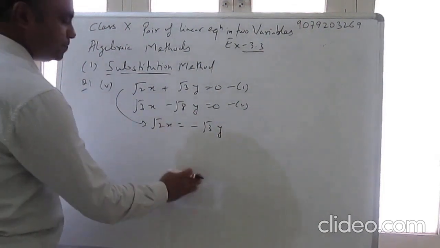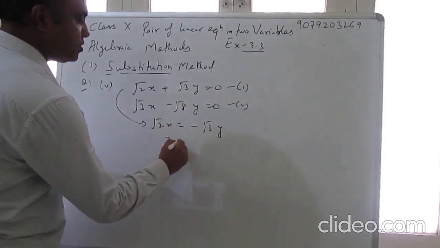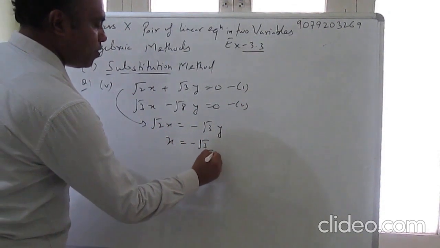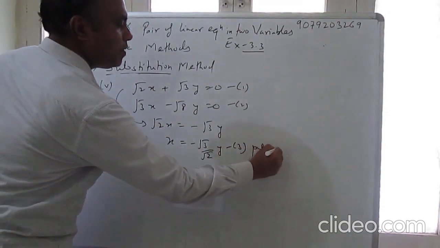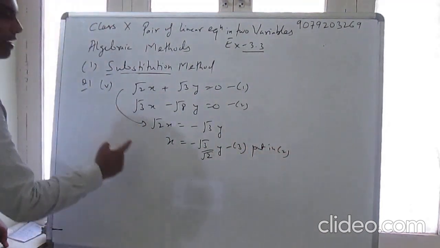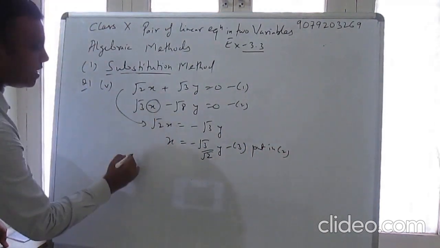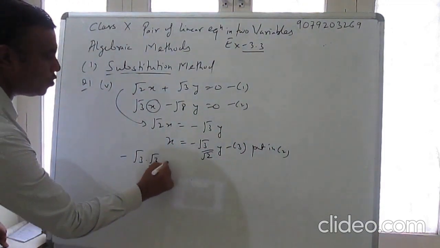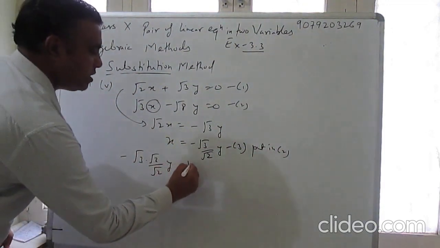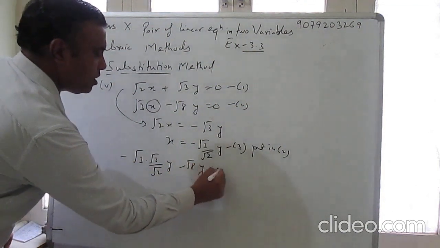Now see, x is equal to minus root 3 upon root 2 y. This is equation 3. Put in 2. Putting it in 2, x goes away and we get root 3 minus root 3 upon root 2 y minus root 8 y is equal to 0.